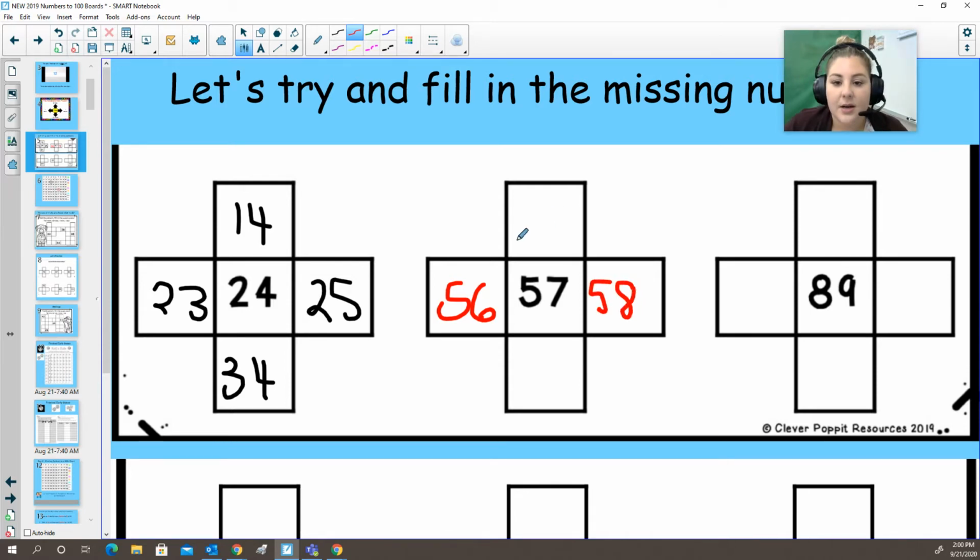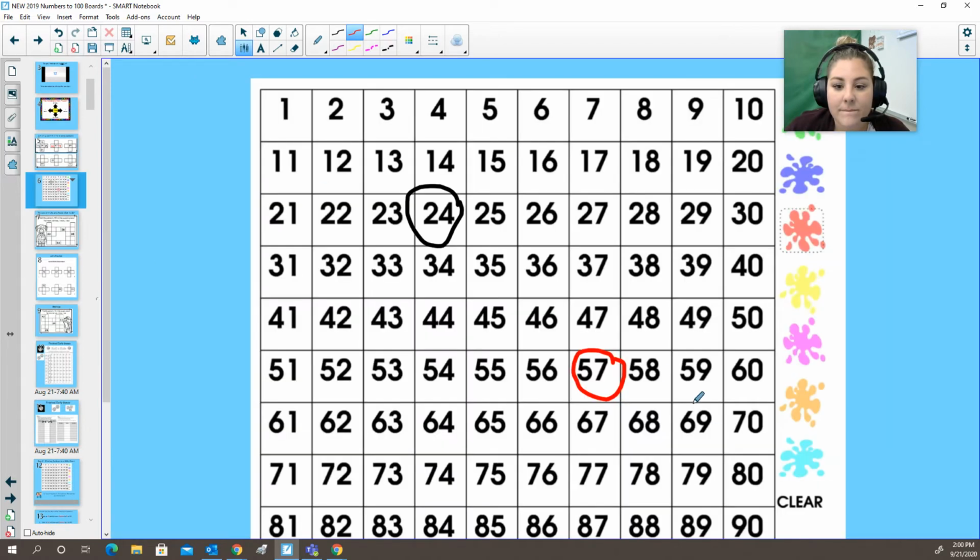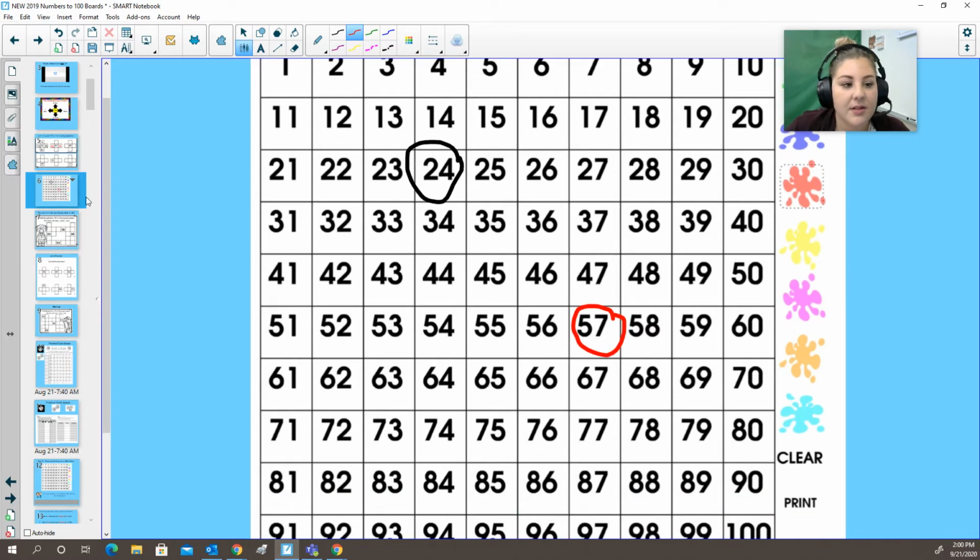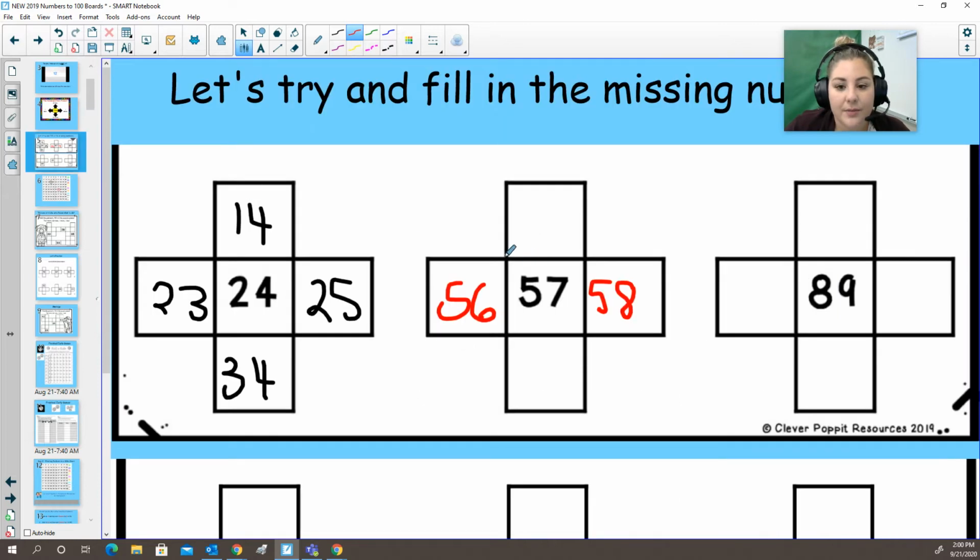All right. Now we're going to do 10 less and 10 more. So 10 less than 57. Does anybody know? You got it. It's 47. I just had to look at my hundreds chart to make sure I was on the right track. So I use that as a tool to help me learn. I didn't use it to cheat.